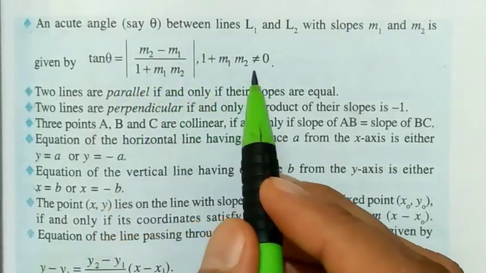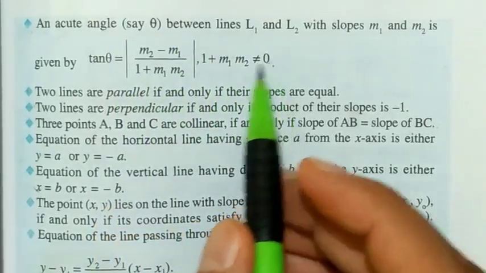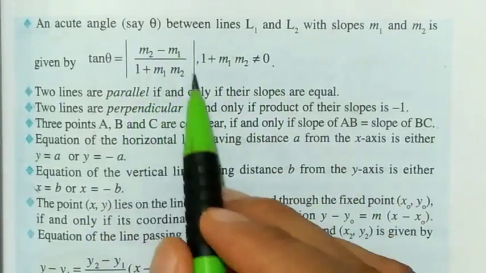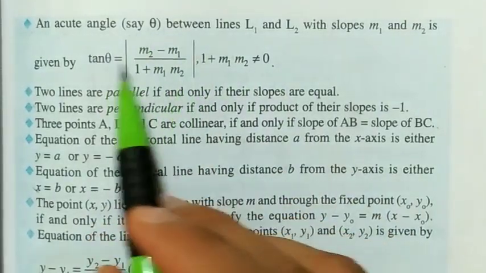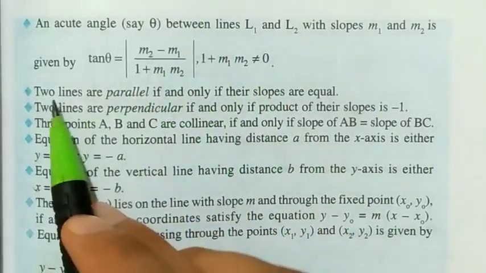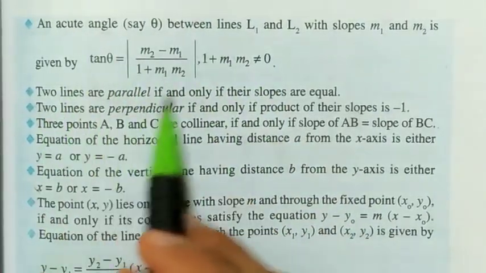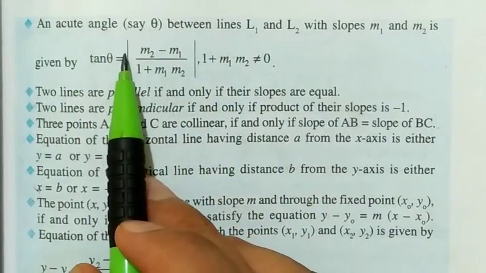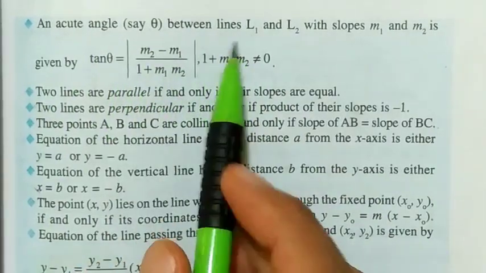So 1 plus m1 m2 is not equal to 0, because if 1 plus m1 m2 is equal to 0, that will be infinite and theta will be 90 degrees, means a vertical line will be there. So you have to apply this formula to find the acute angle between two lines L1 and L2.